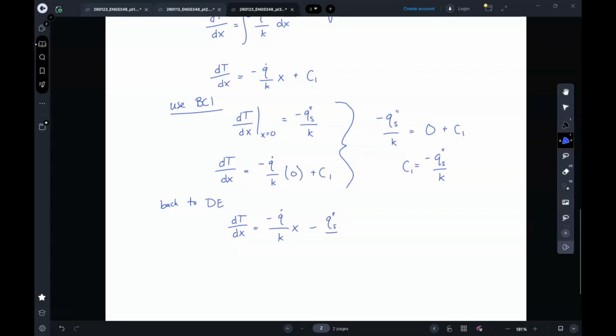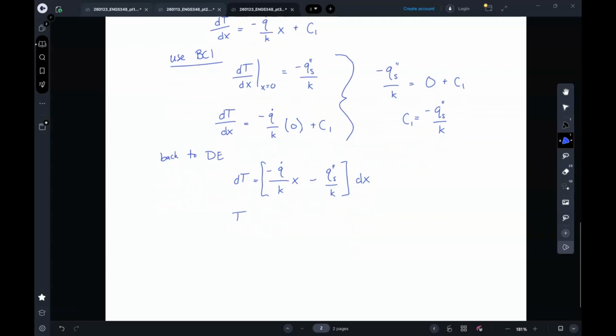It's minus qs over k. All right, now I multiply both sides by dx and can integrate. So I'm going to keep dT over there, and this right-hand side is all multiplied by dx. Just treat dx and dT as if they're really small numbers, and we'll just move them around, and now we can integrate.